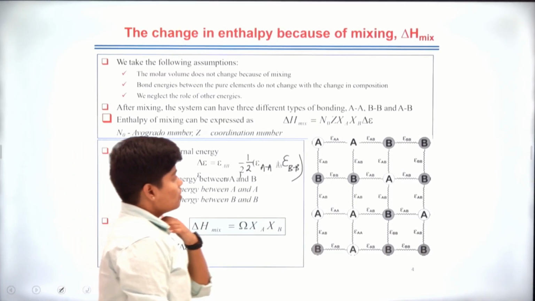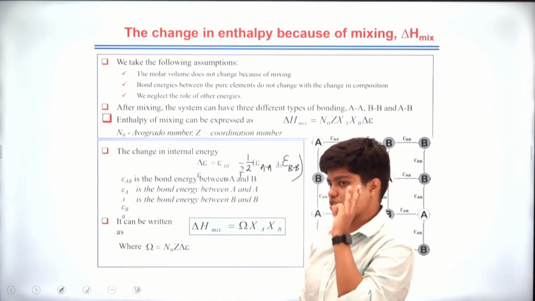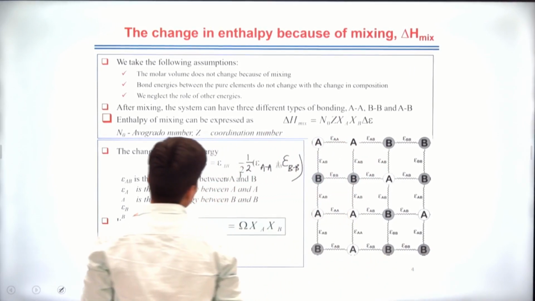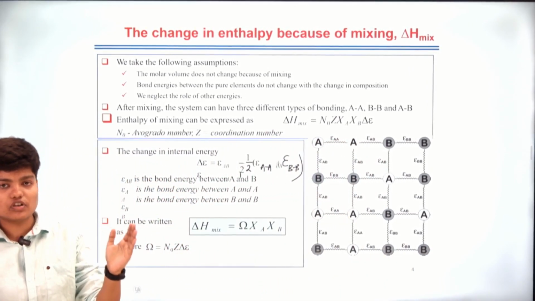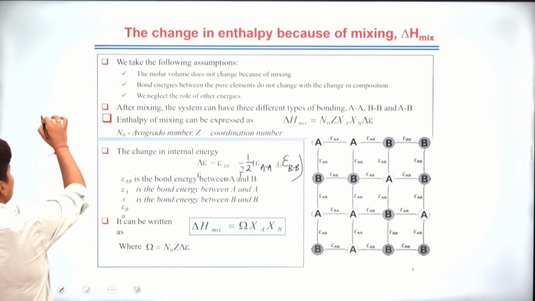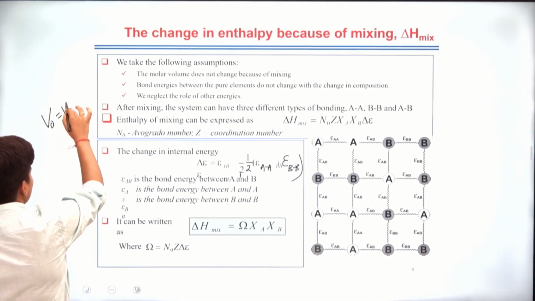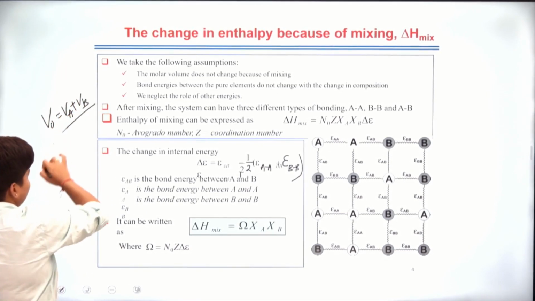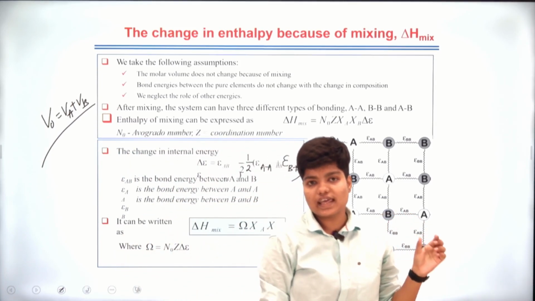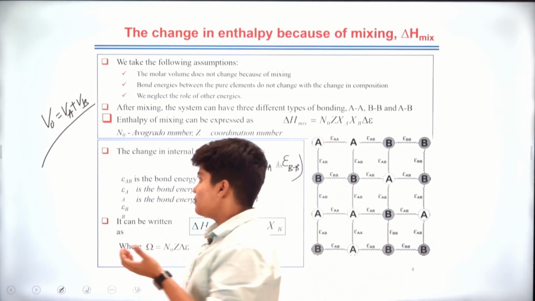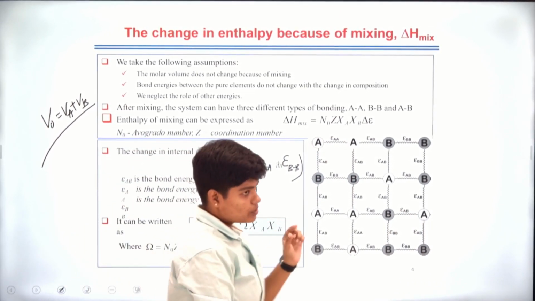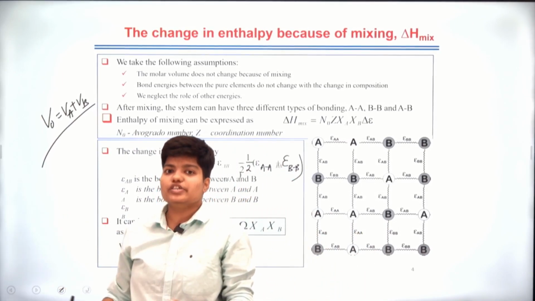Now, after mixing, we are taking three assumptions in the thermodynamic calculation. First, the molar volume does not change: the initial volume and the final volume after mixing should be equal, that is V initial is equal to VA plus VB. The second assumption: the bond energy between A-A and B-B does not change with the change in composition; the bond energy between A and the bond energy between B are kept constant.